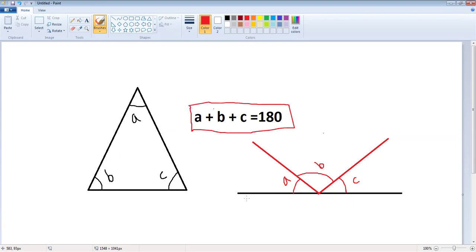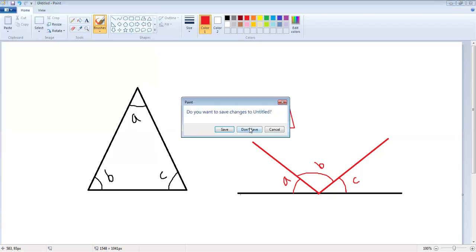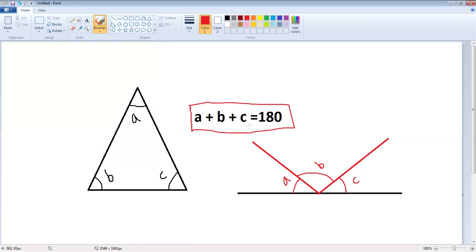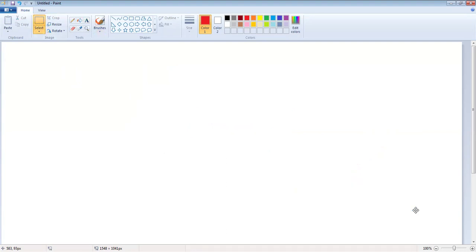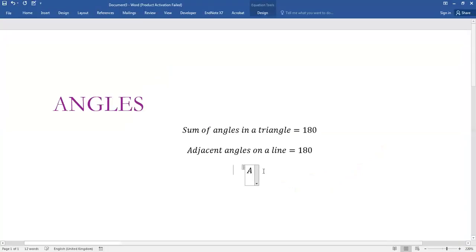Now, two more properties that we are concerned with. One is angle at a point. Let me write that for you: the sum of angles at a point is 360 degrees.